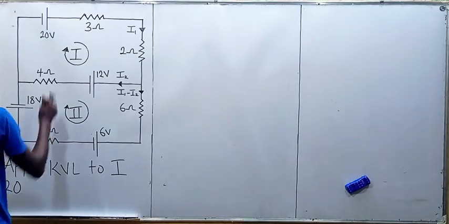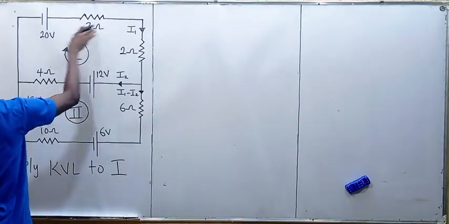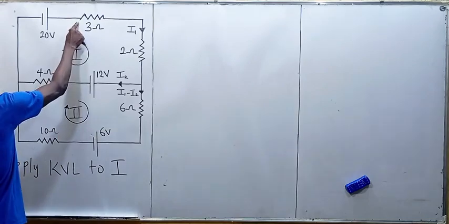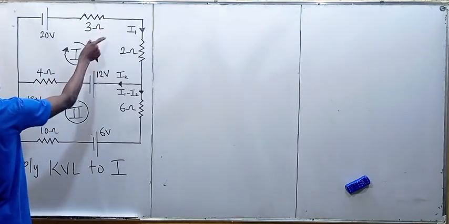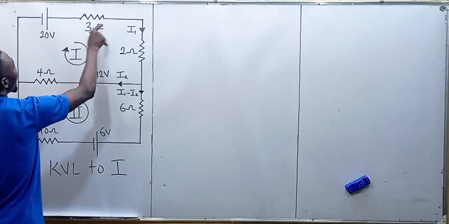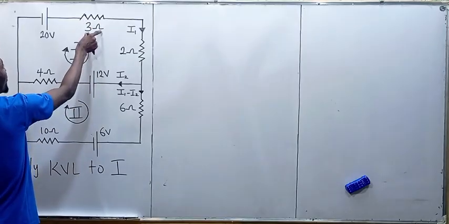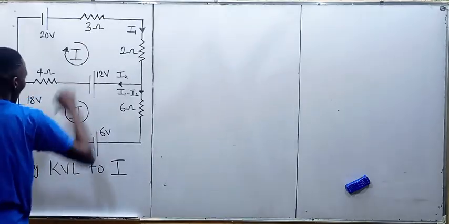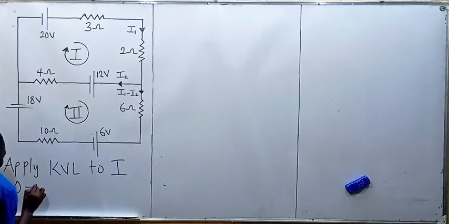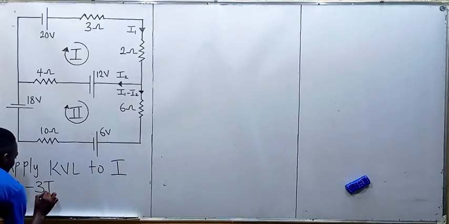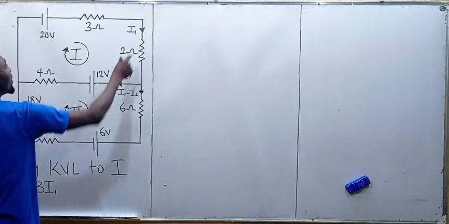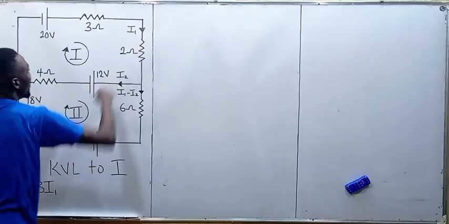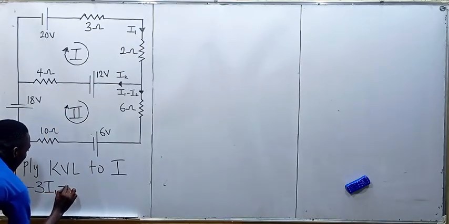Here we move from positive to negative, because current flows from positive to negative side. The current flowing through 3 ohms is I1, so the voltage here is current multiplied by resistor, which is 3I1. So minus 3I1. The same thing with this one: the direction is the same as the current, so it's minus 2I1.